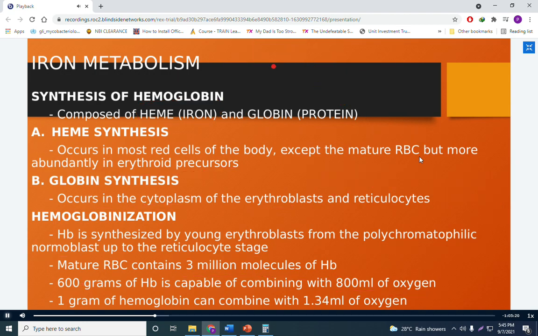If you are asked, class, how many ml of oxygen can 5 grams of hemoglobin combine with, what is the answer? 5 grams of hemoglobin can combine with how many ml of oxygen?